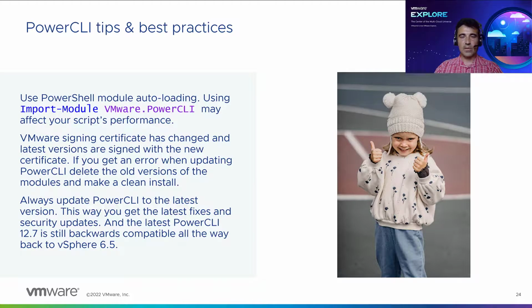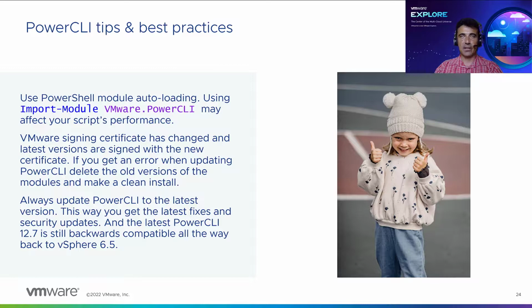Also, the VMware signing certificate has changed, and that causes some issues when you update PowerCLI using the Update-Module command. We have discussed this with Microsoft, and they're planning to fix this issue in the new PowerShellGet module.